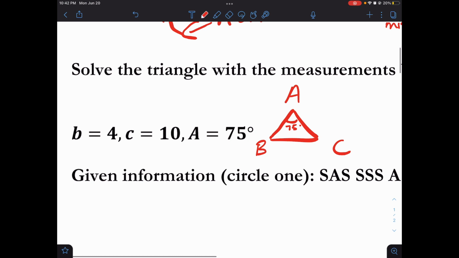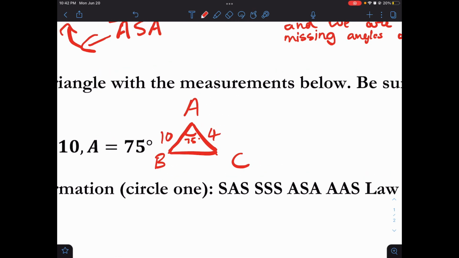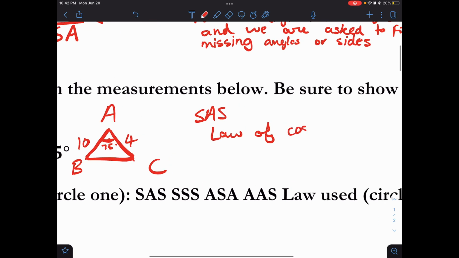We're given the side b, which is opposite to the angle B, so that's going to be 4. And side c is opposite to the angle C, so it's going to be 10. So this is side, angle, side, meaning we're going to use the law of cosines.